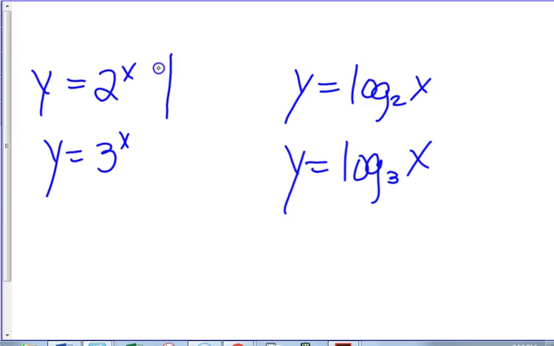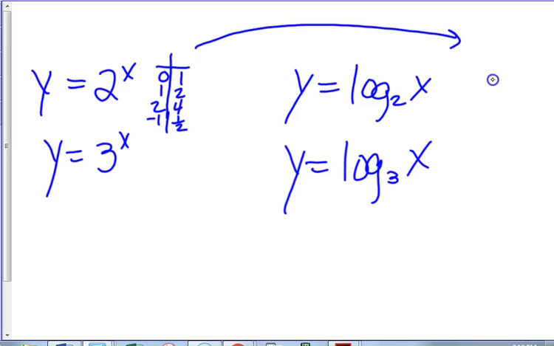Okay. This one, 2 to the x, if you put in a 0, is what? Put in a 1, put in a 2, put in a -1, 1/2. Which tells me, what about this graph? You have to know that those are inverses of each other, okay, guys?